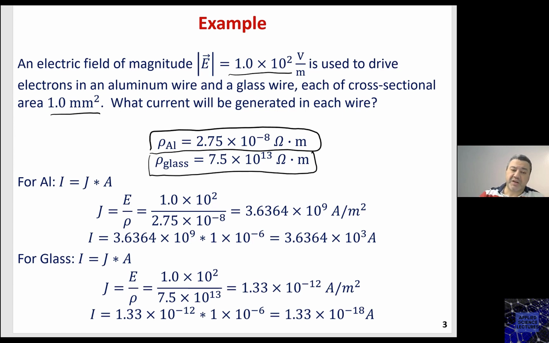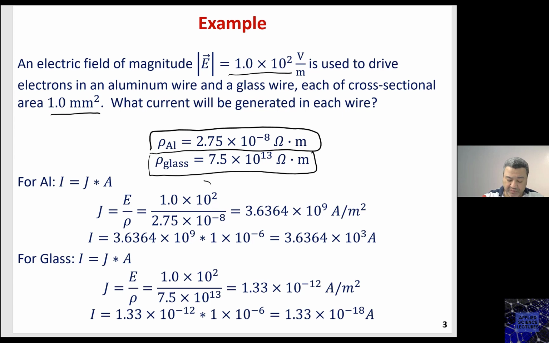The first thing to start with is knowing that the current equals the current density times the cross-sectional area of that wire. If I am to calculate the current density, I know that the current density is the electric field divided by the resistivity.